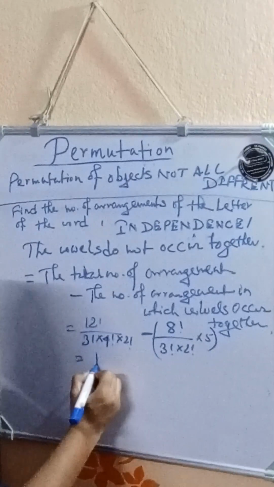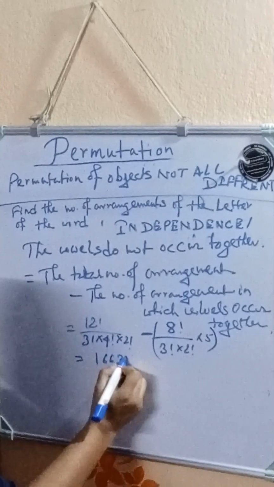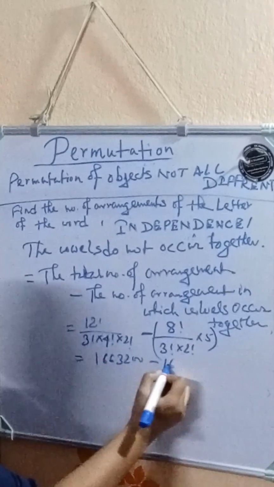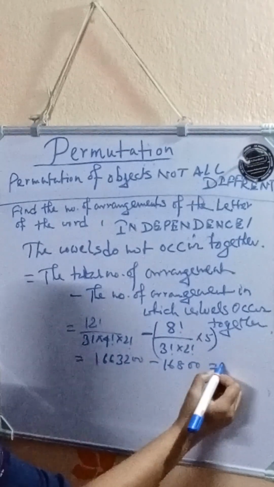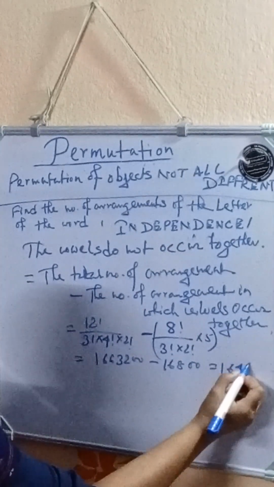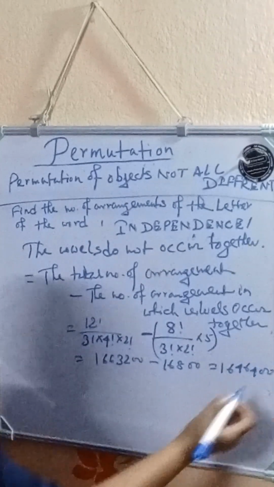That equals 1663200 minus 16800, which equals 1646400.